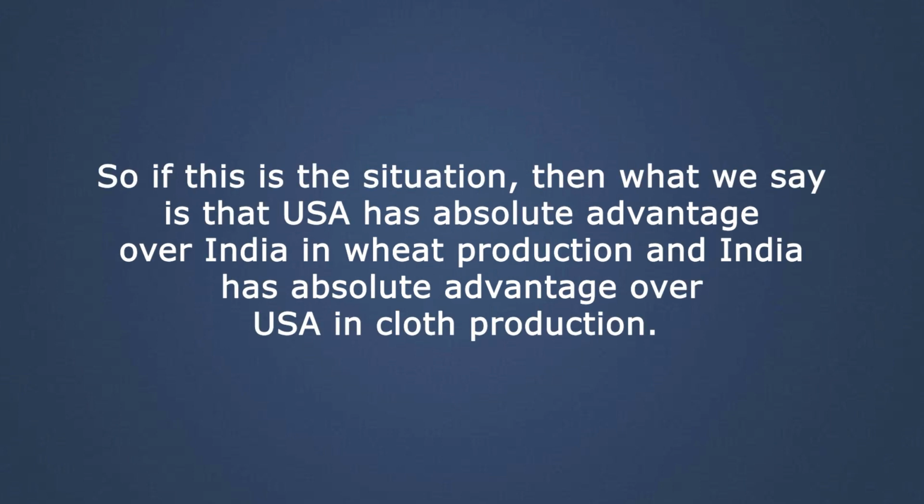So if this is the situation, then what we say is that USA has absolute advantage over India in wheat production, and India has absolute advantage over USA in cloth production. We will explain more on this issue in one of the coming modules.